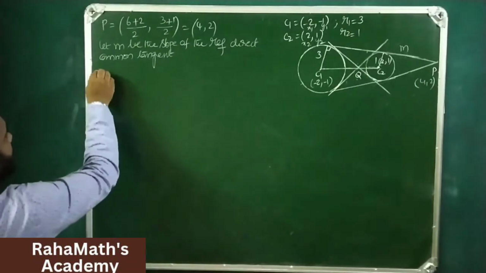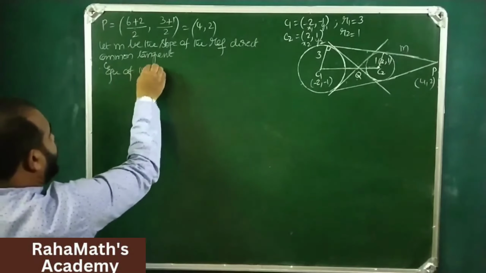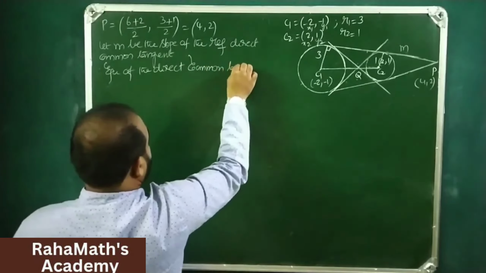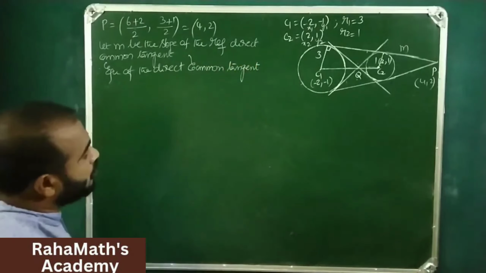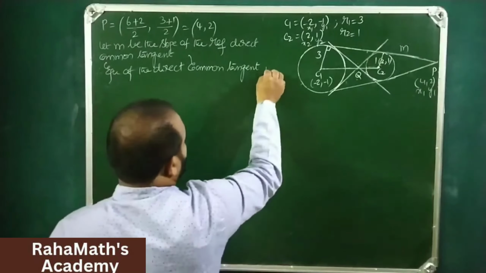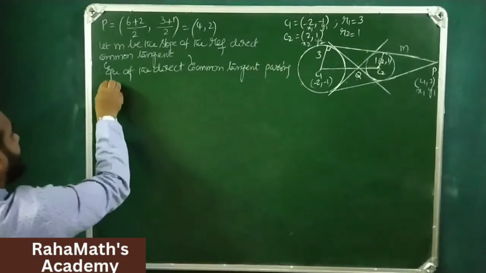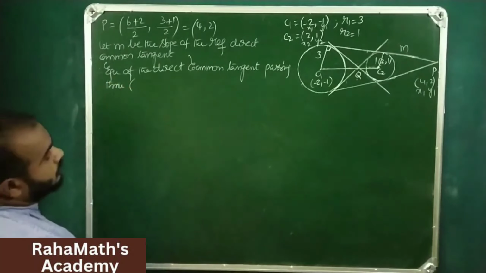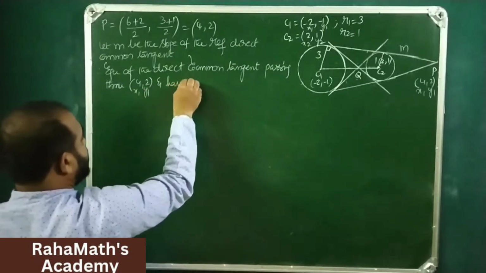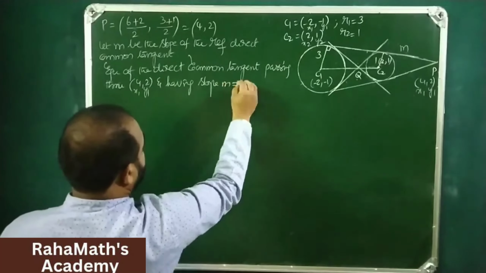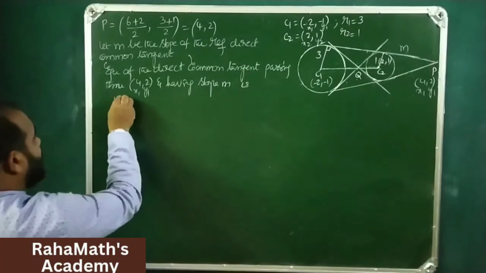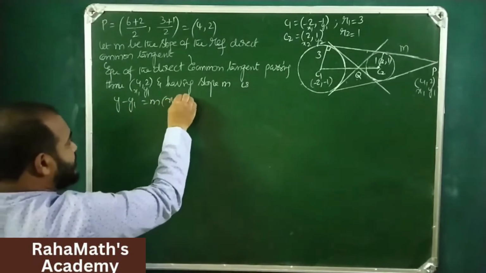Therefore, the equation of the direct common tangent passing through 4 comma 2, which is x1 y1, and having slope m, is y minus y1 equals m into x minus x1.